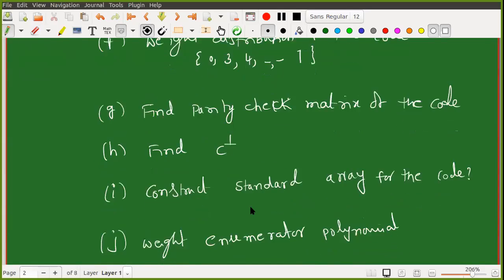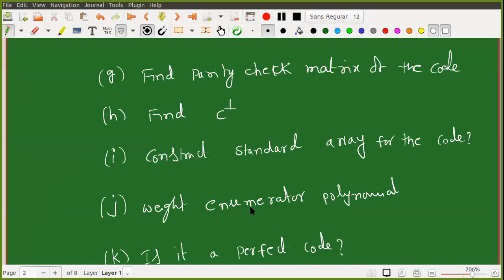So now the weight distribution. Later I asked about the weight enumerator polynomial. First of all, it is W0 plus, there is no W1, that is 0. W2 is also 0. So next I will get W3 z power 3 plus W4 z power 4 plus directly W7 z power 7.